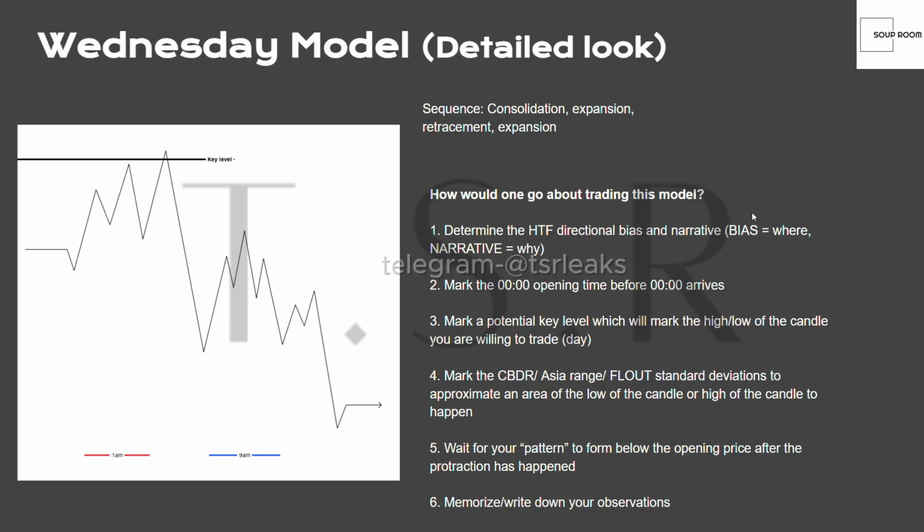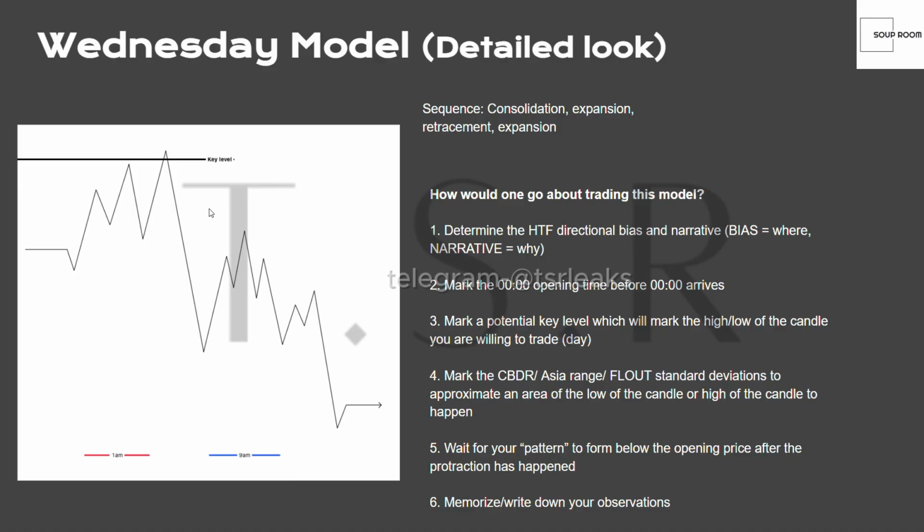So how would we go about trading this model? Well, step 1, determine the higher time frame directional bias and narrative. Bias is where price is going, and narrative is why price should go there. So my bias here, after hitting a key level, would be bearish. I have a bearish bias.